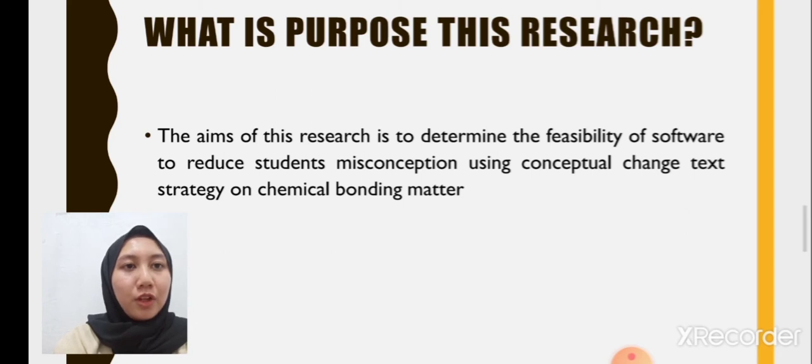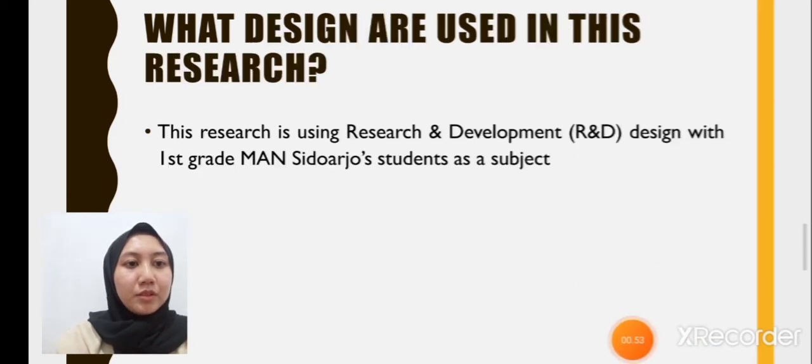What is the purpose of this research? The aim of this research is to determine the feasibility of software to reduce students' misconception using conceptual change text strategy on chemical bonding matter. What design is used in this research?